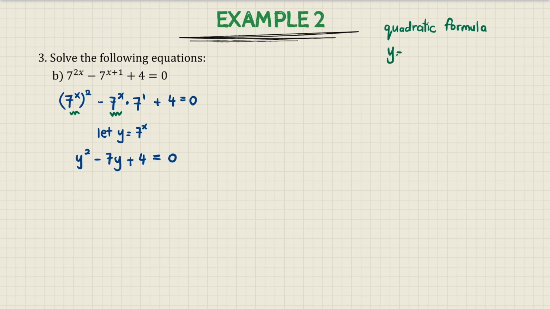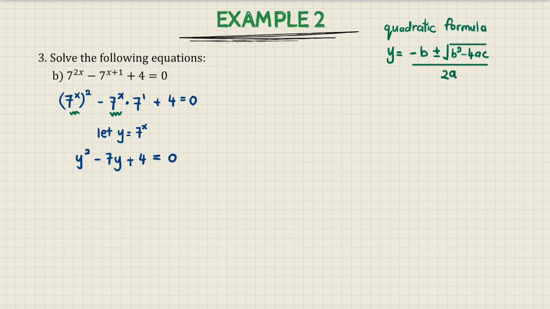So y equals to negative b plus minus square root of b squared minus 4ac divided by 2a. Okay, pernah nampak formula ni? Mesti semua orang pernah nampak kan?